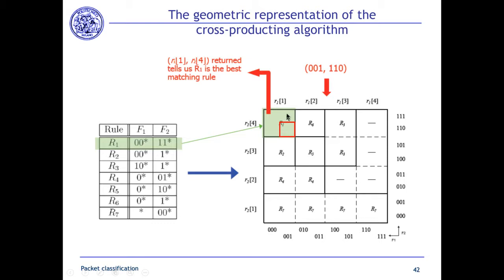The red square is inside the green tile. The green tile corresponds to the element R sub 2 4 and R sub 2 sub 1 1, and so you look into the table with this pair of values, and you find again the pre-computed best rule, which is R1.